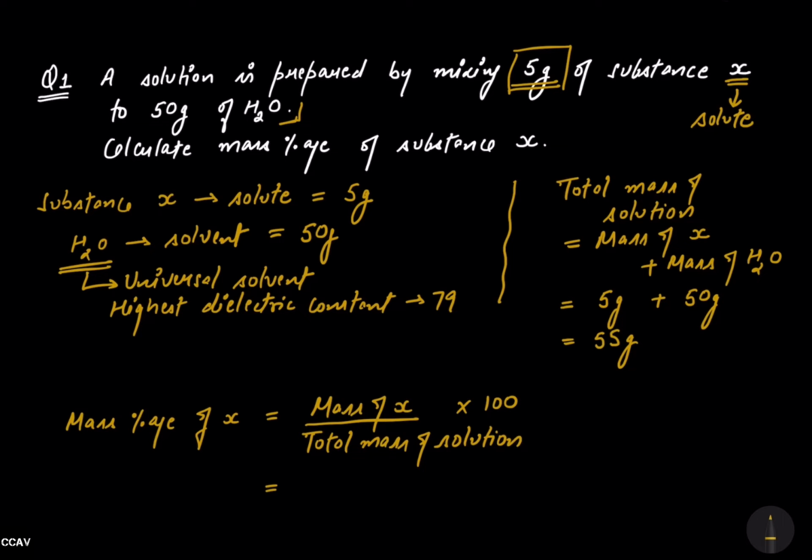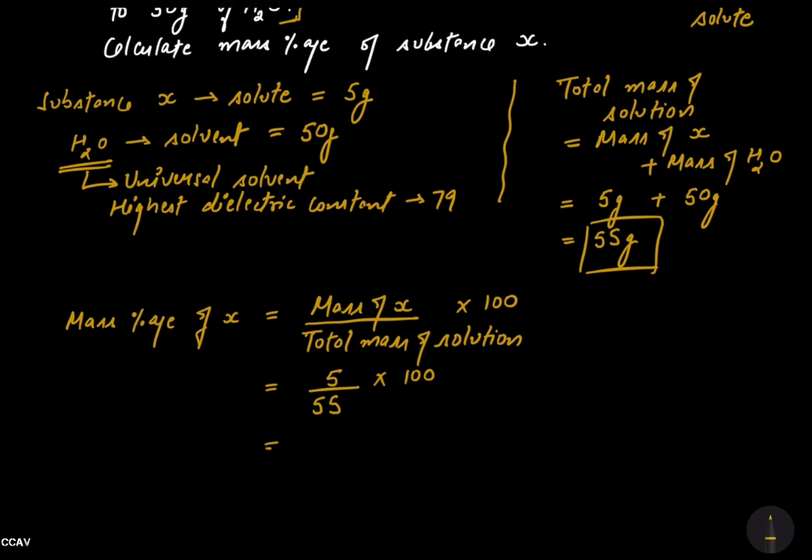What was the mass of X? 5. What was the total mass of solution? 55 grams, into 100, and this percentage comes out to be 9.09%. So that was my first numerical. Please have a look.